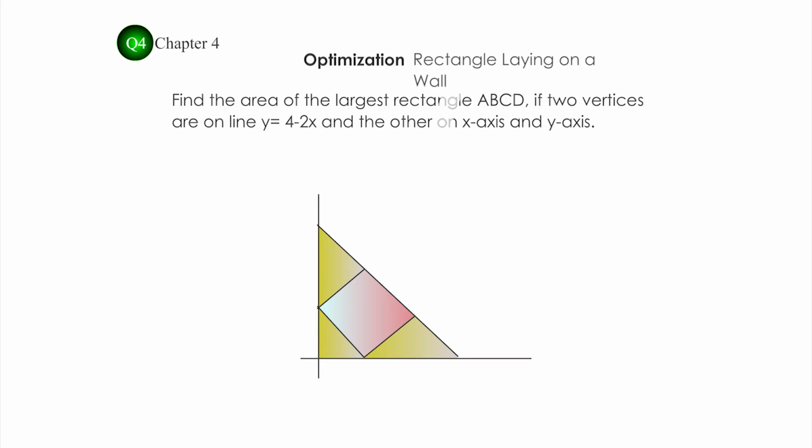Let's look at problem 4 from the homework. Find the area of the largest rectangle ABCD if two vertices are on the line y equals 4 minus 2x and the others on the x and y axes. When the problem asks us to find the maximum, we should remember the steps needed to solve optimization problems.